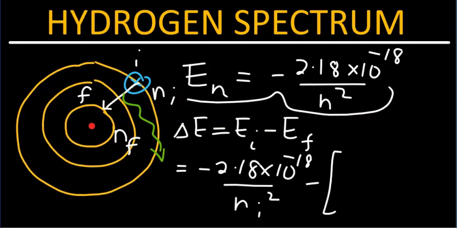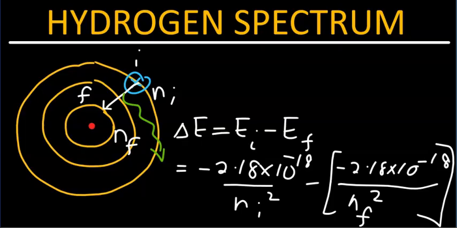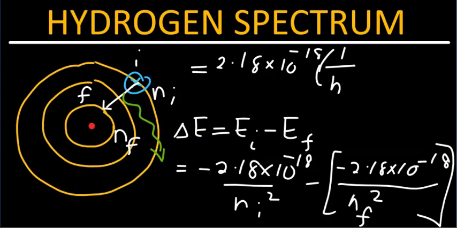So EF is minus 2.18 times 10 to the power minus 18 over NF squared, which can be rewritten in the following manner: 2.18 times 10 to the power minus 18 times 1 over NF squared minus 1 over Ni squared. So that is the amount of energy radiated in joules.